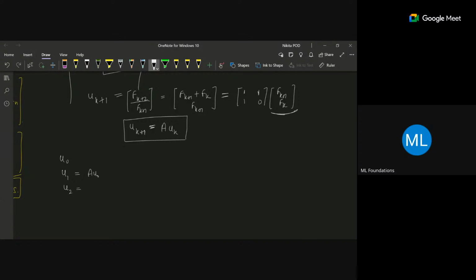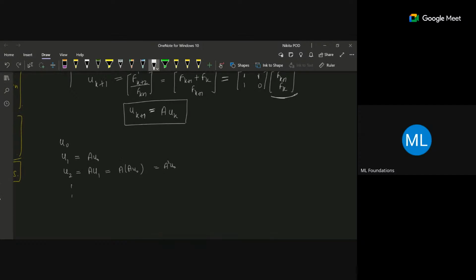It will be A u_1, which is A squared u_0. You can keep on going, and the general solution that will come out for this difference equation is u_k = A^k u_0. So we are saying this is the solution for this difference equation.